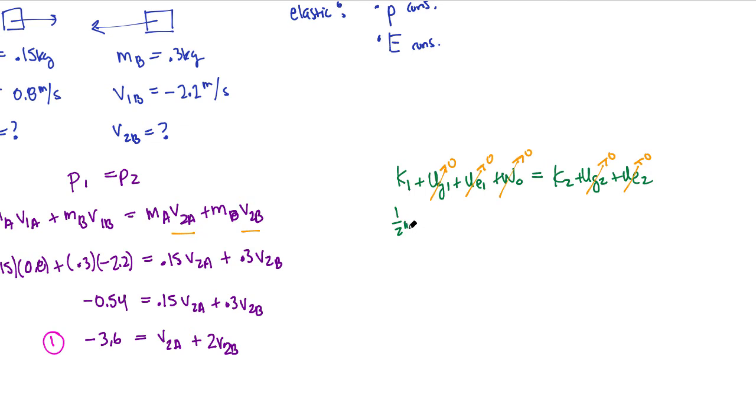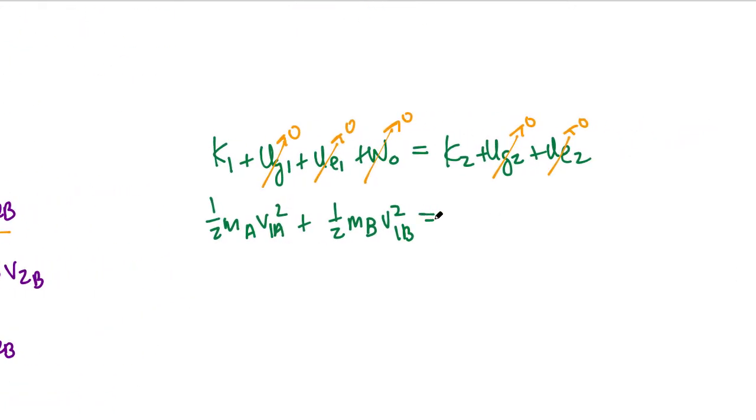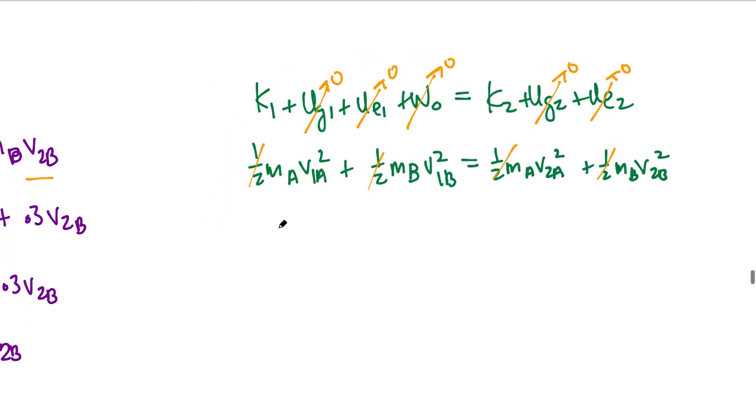So I have 1/2 mA times V1A squared plus 1/2 times mB times V1B squared, let me zoom in here, is equal to 1/2 mA times V2A, the second velocity of A, squared, plus 1/2 times mB times V2B squared. So simplification allows us to get rid of all of our halves, and we end up with a situation where we need to plug in values again.